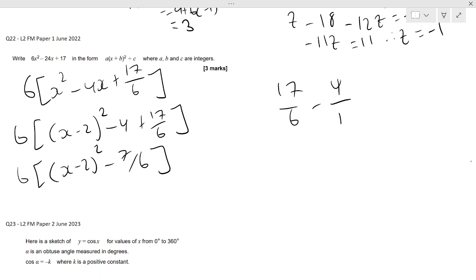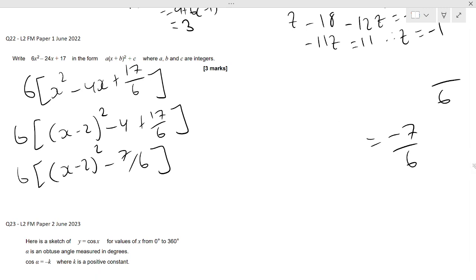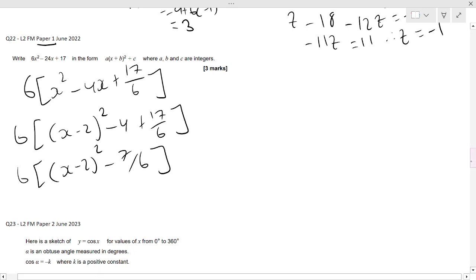That's still a fraction, so a common denominator of 6: 17 over 6 minus 4 times 6, which is 24 over 6. That will get you minus 7 over 6, which is what we got here. But with a calculator, you can just put it in the calculator. I say that because this was on a paper 1, but they can easily ask you to do it on paper 2 as well. Okay, that's fully simplified.